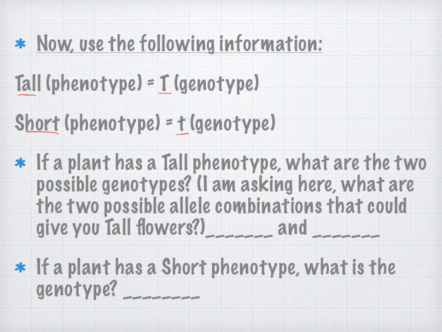Now remember, if the dominant trait is expressed, it could be either homozygous dominant or heterozygous. Both of these would give you a tall plant. If a plant has a short phenotype, meaning the recessive phenotype is being expressed, it has to be homozygous recessive, lowercase t, lowercase t.